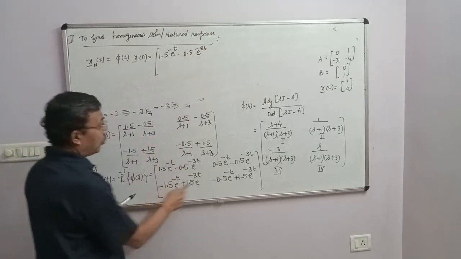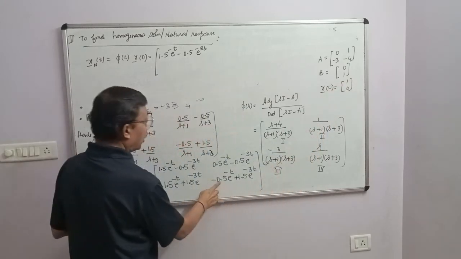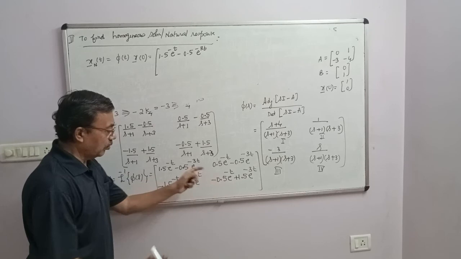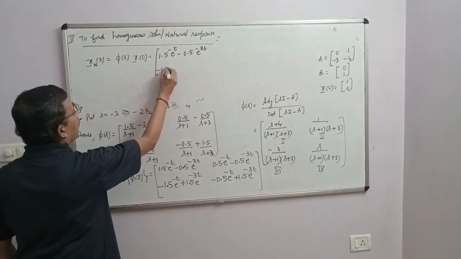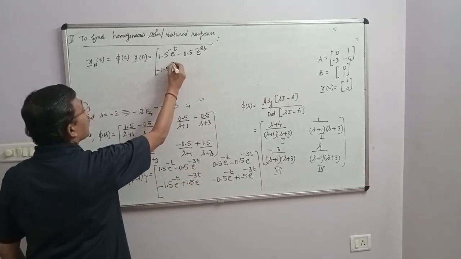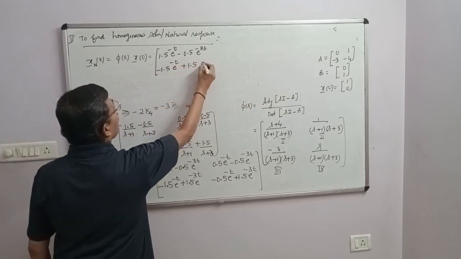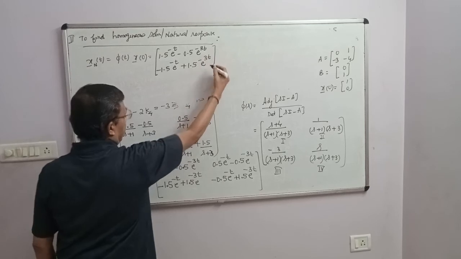This gets multiplied by 1, this gets multiplied by 0. After multiplying this by 1 and this by 0, you add. So this is what you get: minus 1.5 e power minus t plus 1.5 e power minus 3t.